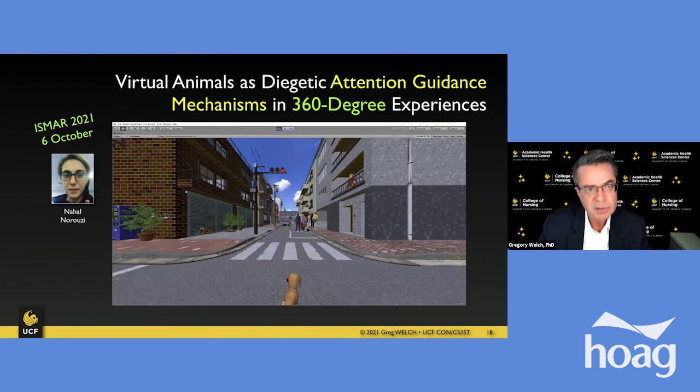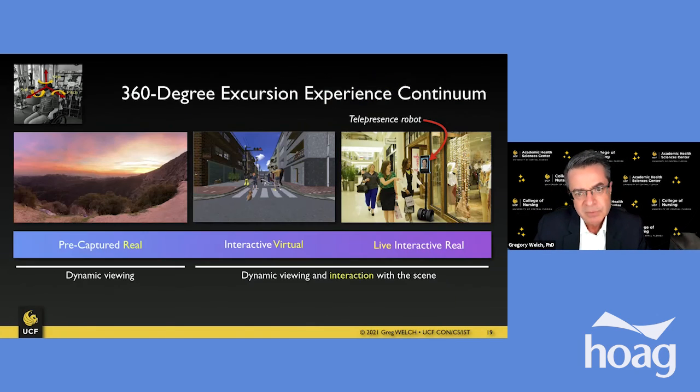So the dog can always be sort of my scout, if you will. It's always helping me spot these interesting things. So we're really interested in looking at that with respect to at least these three classes of experiences.